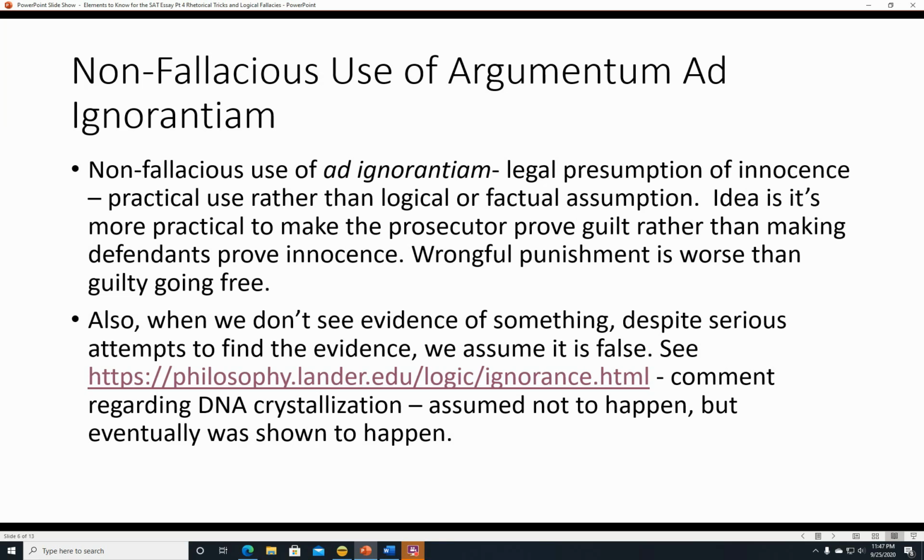But until it was proven, they said, well, scientists have made some really strong efforts to try to crystallize DNA, and it just didn't work, so maybe it just can't be done. But nope, turns out they were wrong. It could be done, just someone hadn't done all the things that you have to do to get DNA to crystallize. But it makes sense that if people are making the best efforts they can and it's still not happening, there's a good chance that it can't happen.